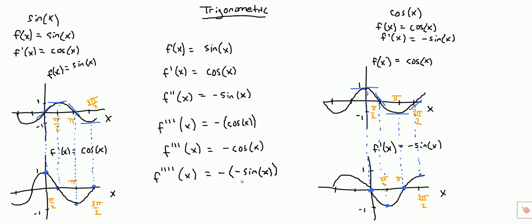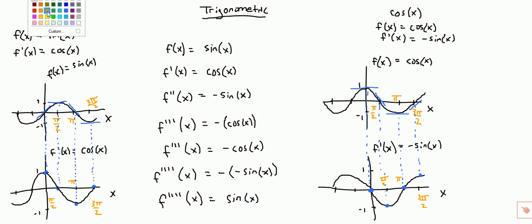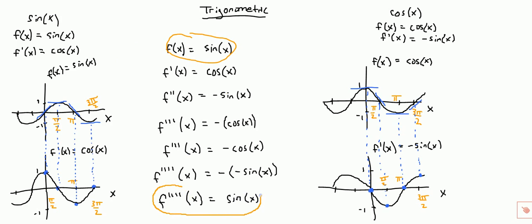So I will rewrite that here. Negative times negative is positive, so we are left with sine of x. So, if you start off with sine of x, and you take 4 derivatives, you get back sine of x. That's kind of interesting, right? If you keep taking the derivative of this function, you'll get back to the same function.